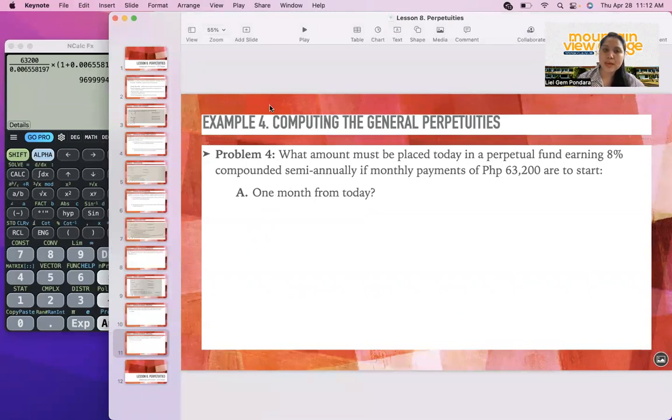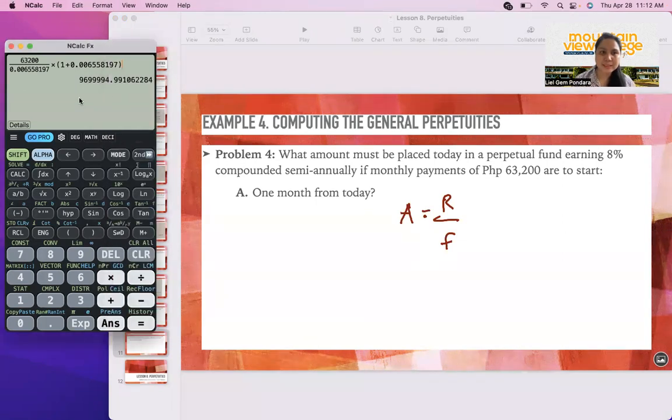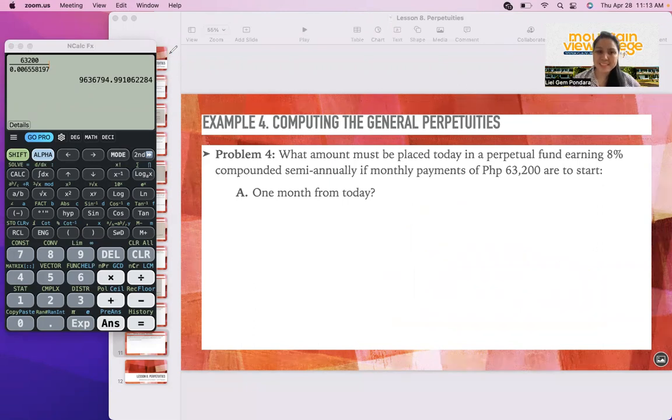Therefore, since we have that, our formula will only be A is equal to R over F. On our calculator, you just delete the multiply 1 plus F. The answer will be 9,636,794.99.